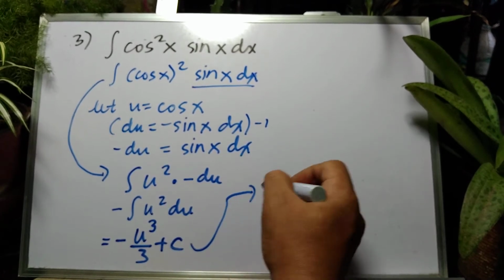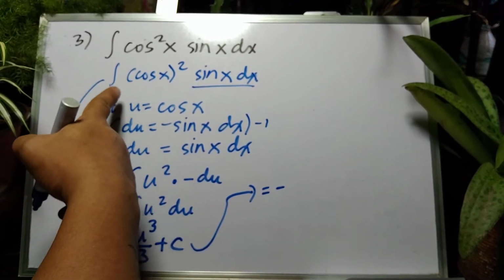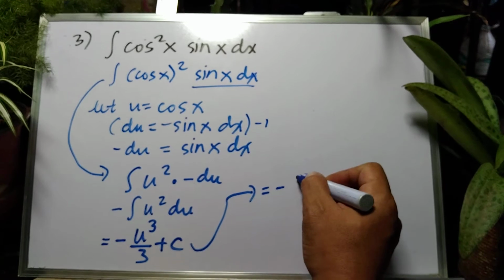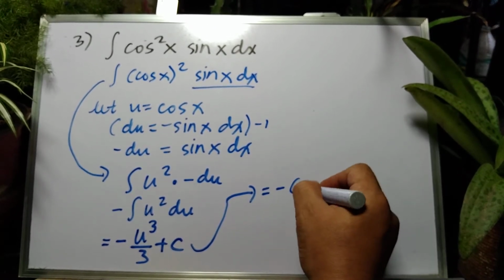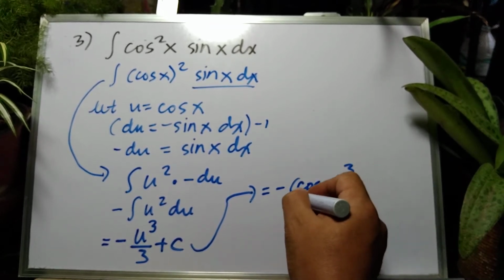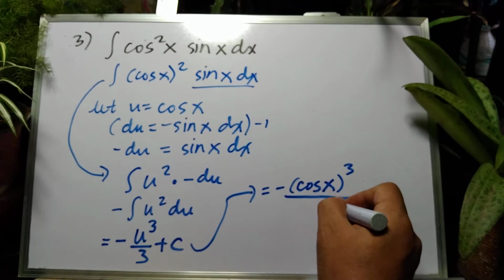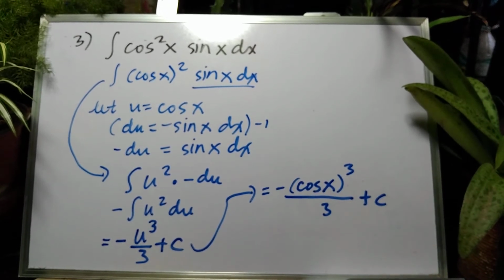So, you have here is equal to negative. Unsay value ni u? U is cosine x. So, you have, okay, cosine x to the power of 3 all over 3 plus c. Okay?